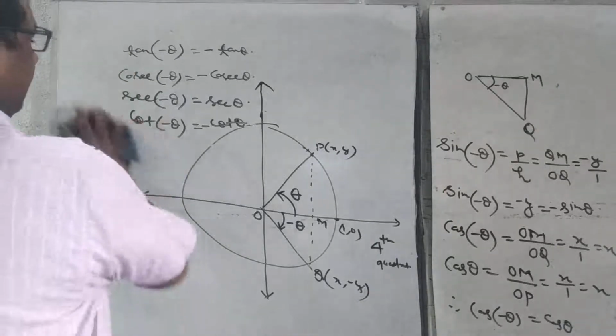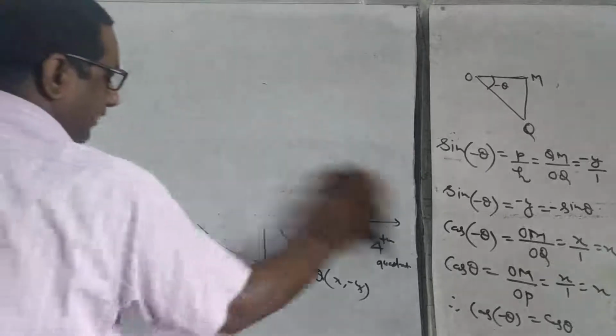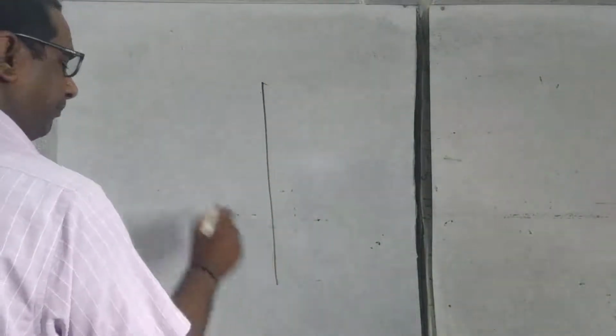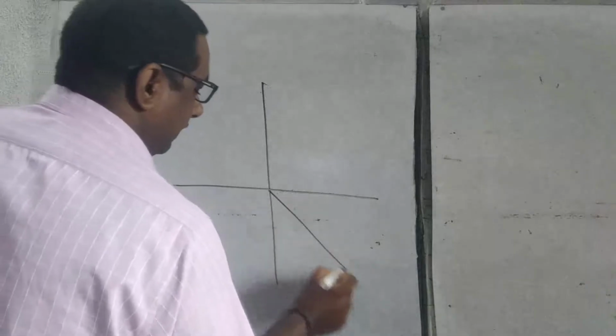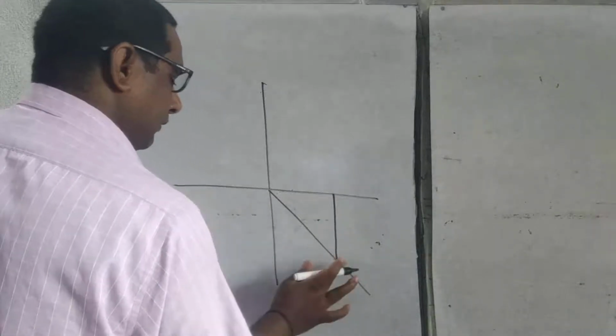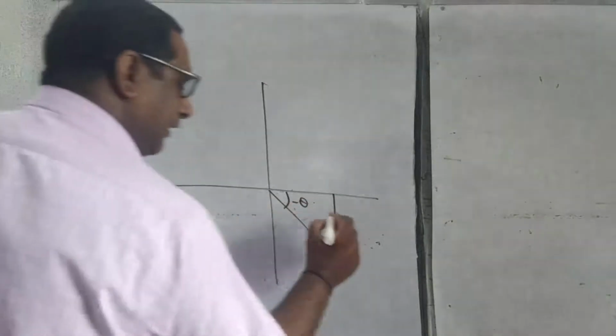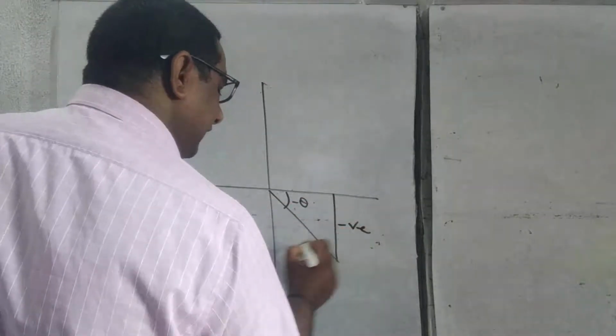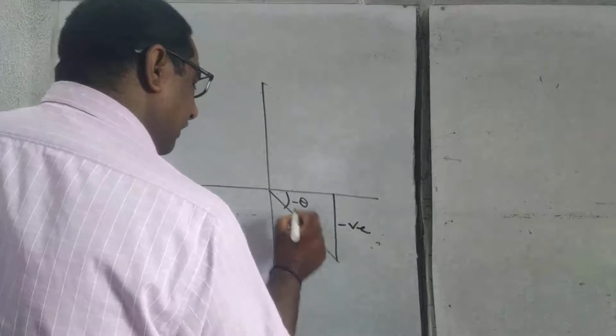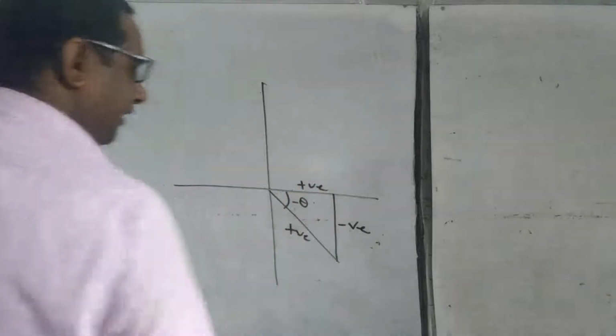If you do not understand in this way, then you can also understand with this explanation. See what happened. This is minus theta. See why this is negative, this is positive, this is positive.